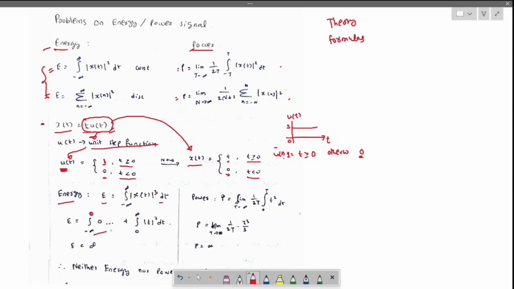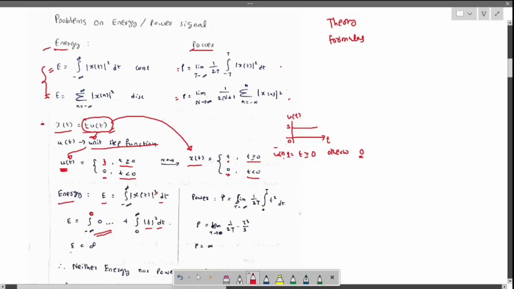The 0 part won't affect anything. The value varies only when t is greater than or equal to 0, so it is the integral from 0 to infinity of t square dt. When you do so, you will get energy as infinite, which means it is not an energy signal.